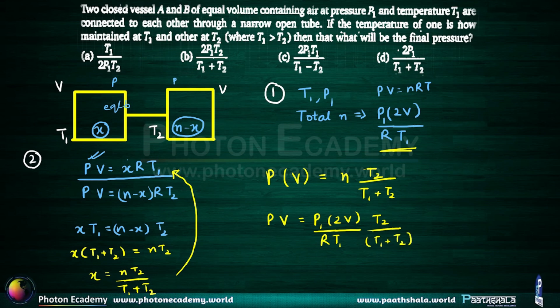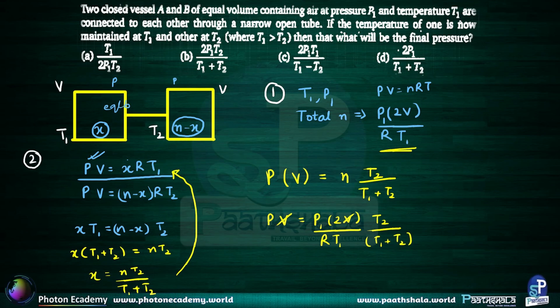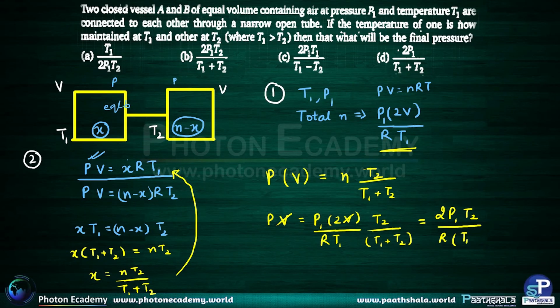This V gets cancelled out. So what we are left with is P equal to P1 times 2 times T2 divided by (T1 plus T2). So this gives us the answer to be option B, and that becomes our answer.